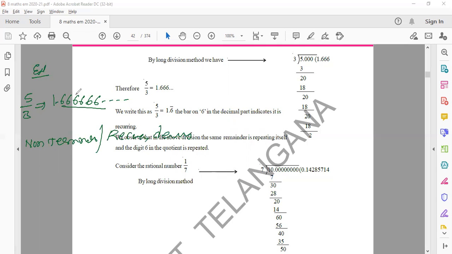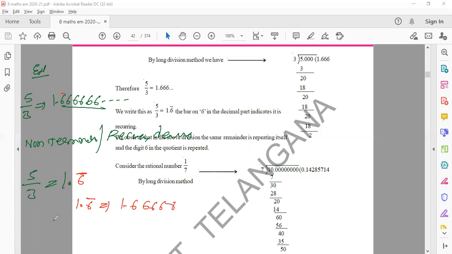It is not terminating, it is recurring. What value is repeating? 6 is repeating, right? So you can write the answer like this: 1.6 bar. You need to understand that 1.6 bar means 1.6666 going on.